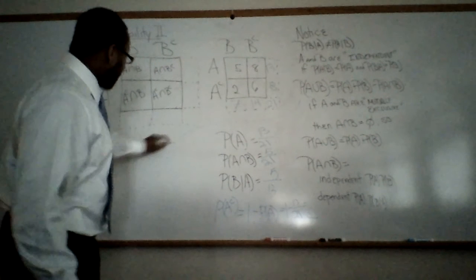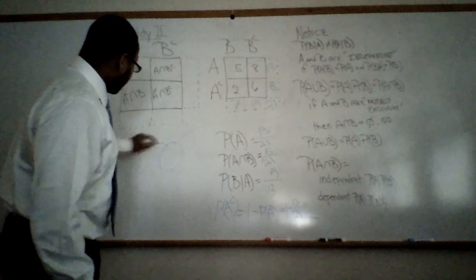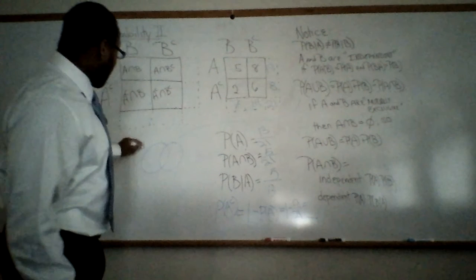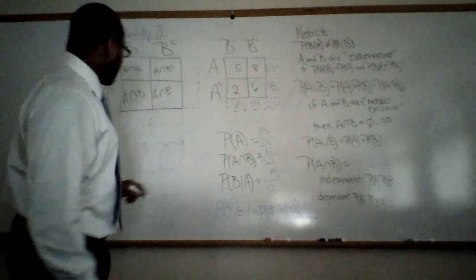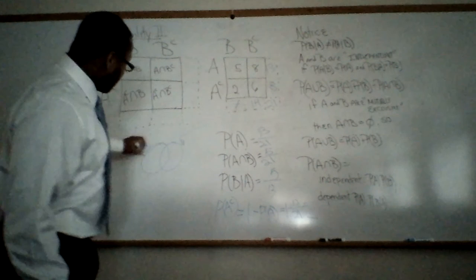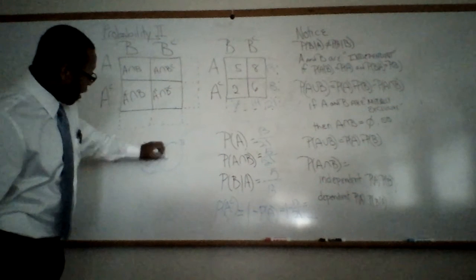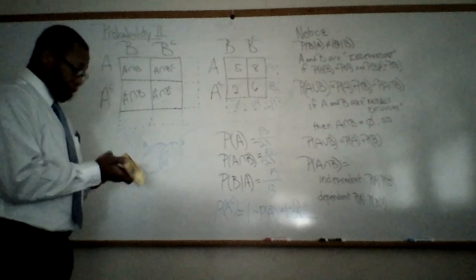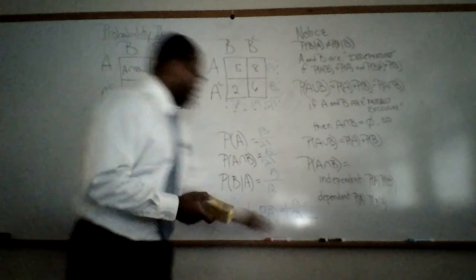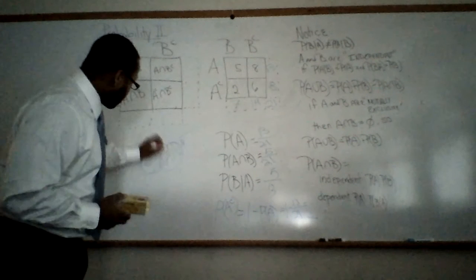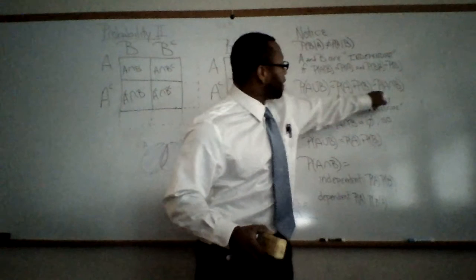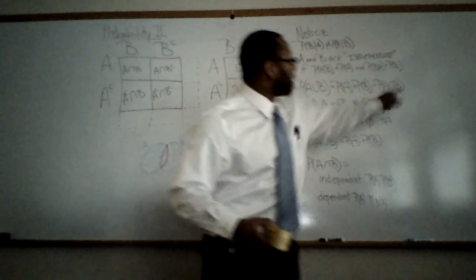When we draw this out, if this is our B, and this is our A, and we add the probability of A and the probability of B, what we end up shading in is all of this space for A and all of this space for B. But you'll notice that the intersection piece in the middle, right here, got counted twice. That's why we have to take this piece off and subtract the probability of A intersect B.